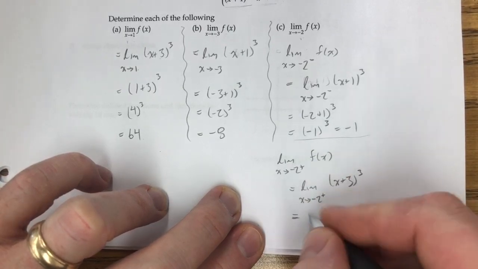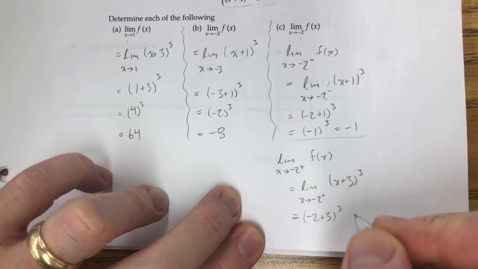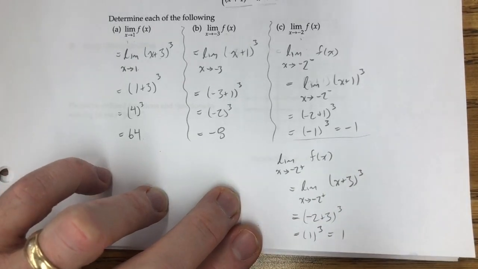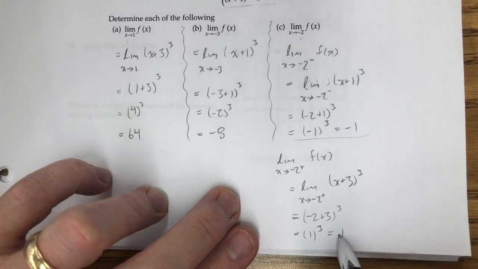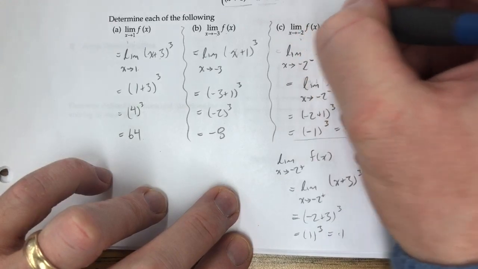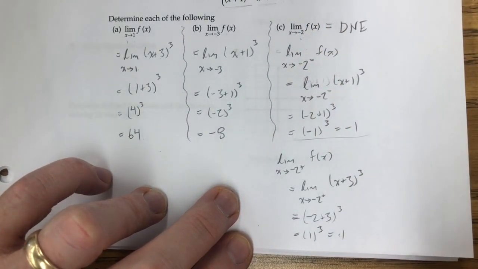We plug in negative 2, and we find out that we get positive 1. Because the left-handed limit and the right-handed limit are different, we know that this limit does not exist.